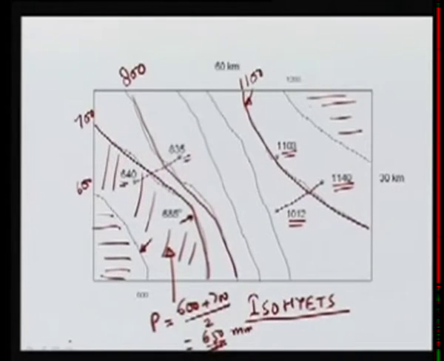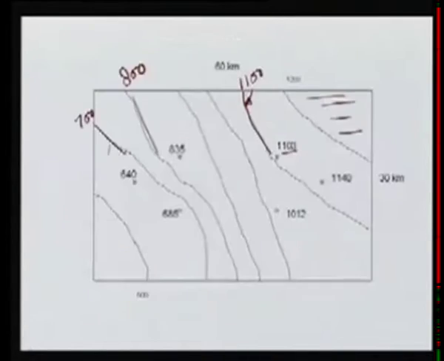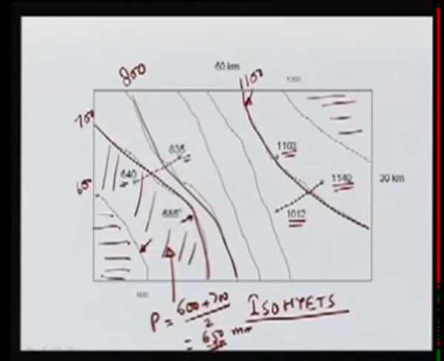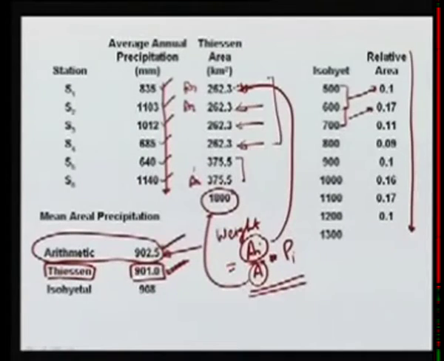So if we do that, we have this table here which shows relative area. So between 500 and 600 isohyet, the relative area is 0.1, between 600 and 700, 0.17. So this indicates that this area is 1/10 of the total area, this area is 17% of the total area, and so on. Between 700 and 800, 0.11, and so on.